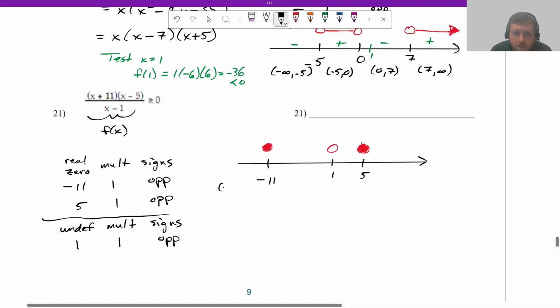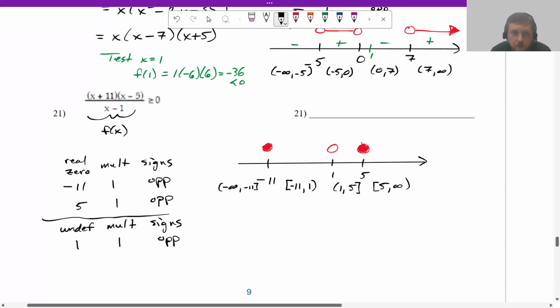We have these regions, negative infinity up to negative 11, and it would be inclusive on the negative 11. And then negative 11 inclusive up to 1, which would be not inclusive. And then 1 not inclusive to 5 inclusive, and then 5 inclusive to infinity.